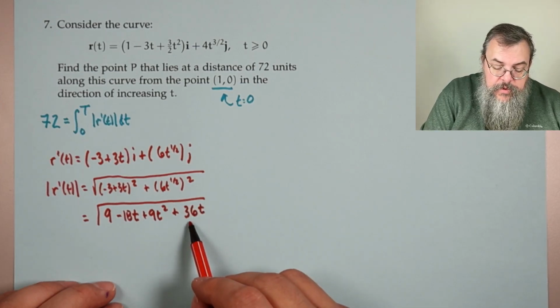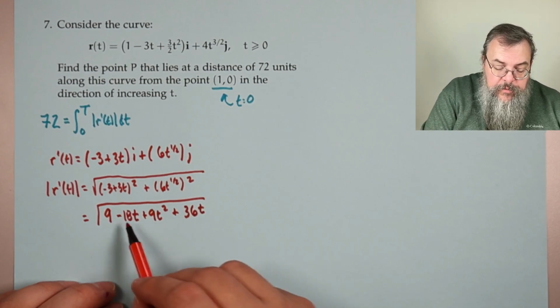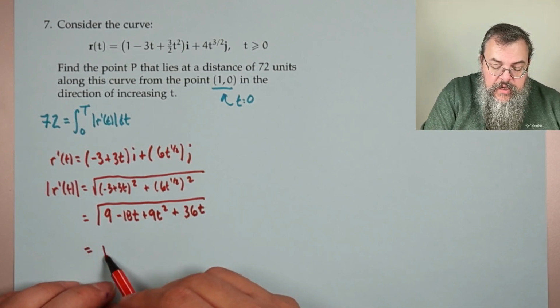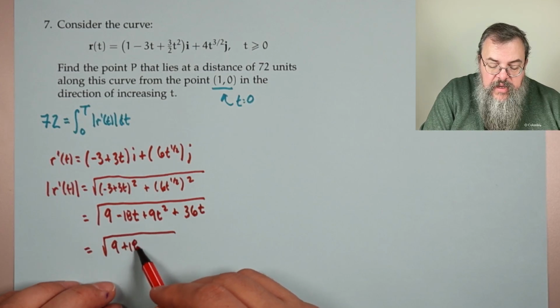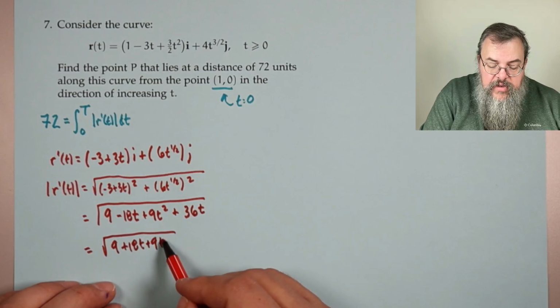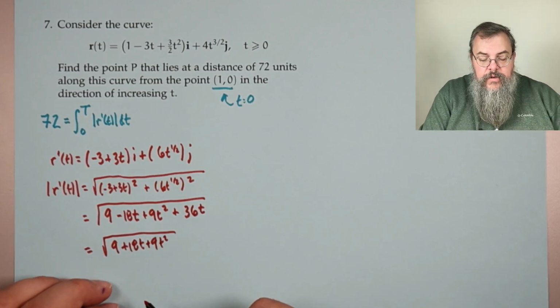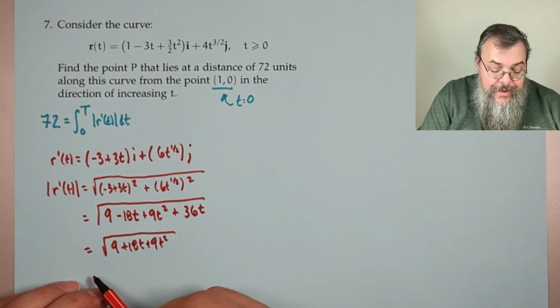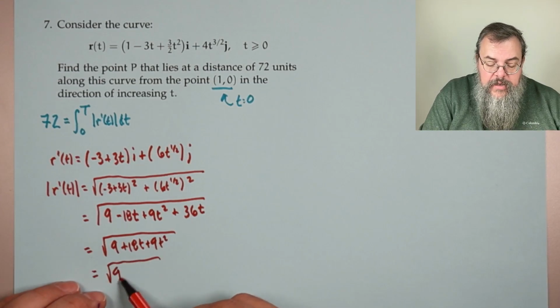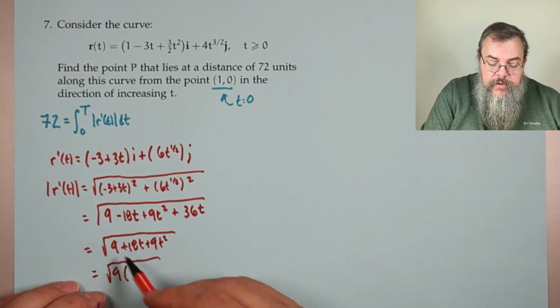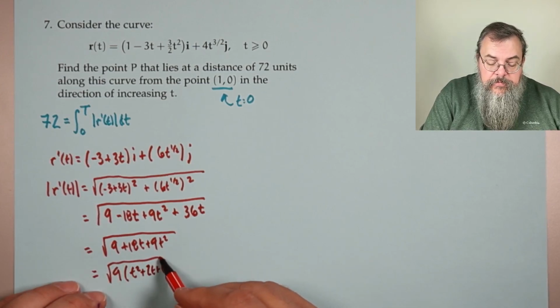Well, okay, you can see that 36t and minus 18t can be rewritten as 9 plus 18t plus 9t squared. And you're like, oh, that's very convenient, because that's really the same as 9 times, if you reverse the order, t squared plus 2t plus 1.